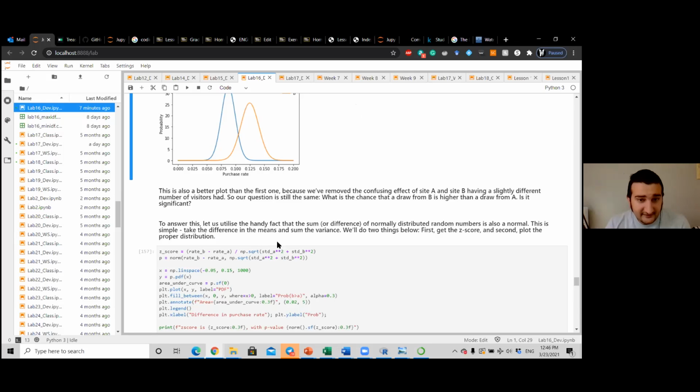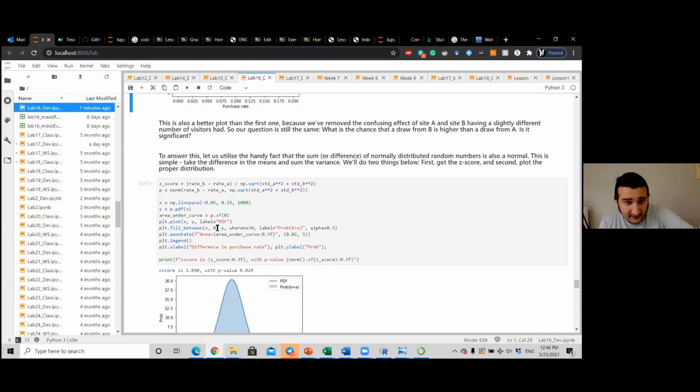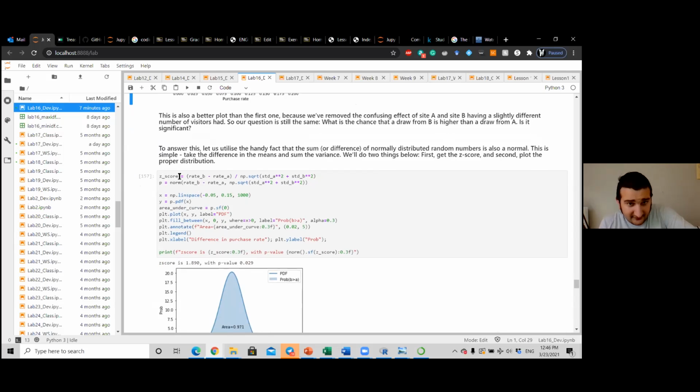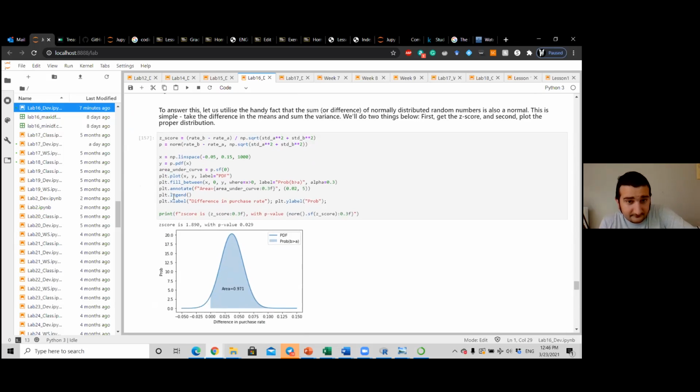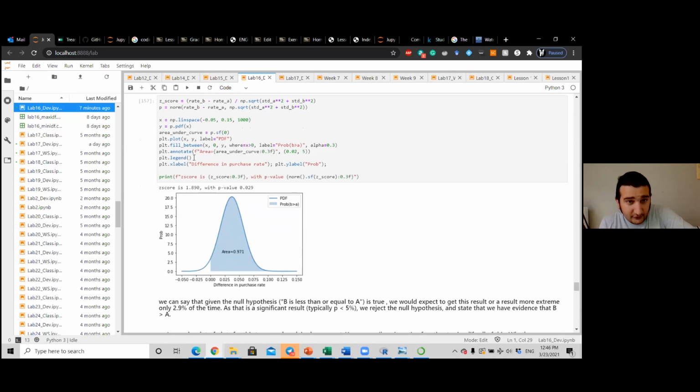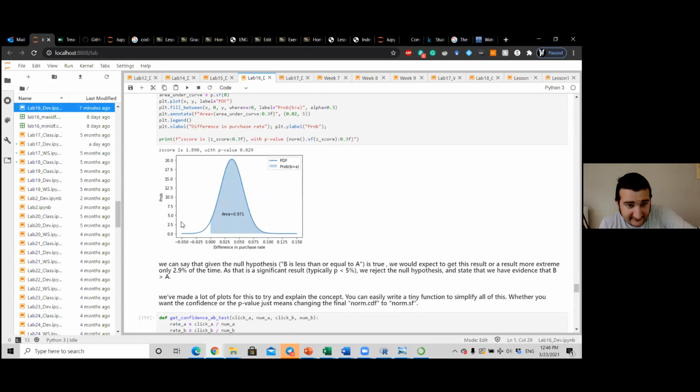This is simple. Take the difference in the means and sum the variances. We'll do two things below. First, get the z-score, and second, plot the proper distribution. So I'm calculating the z-score, and I am calculating p, and I am going to plot this.